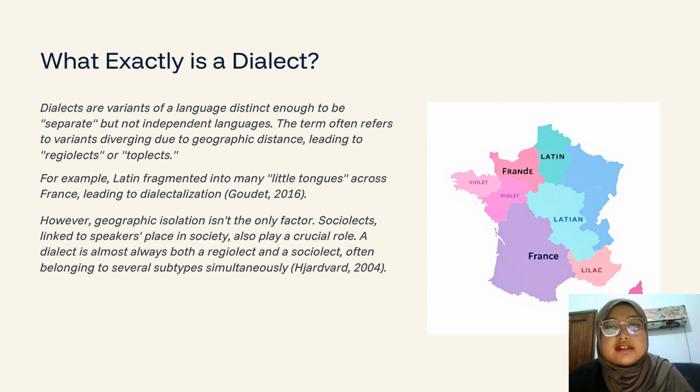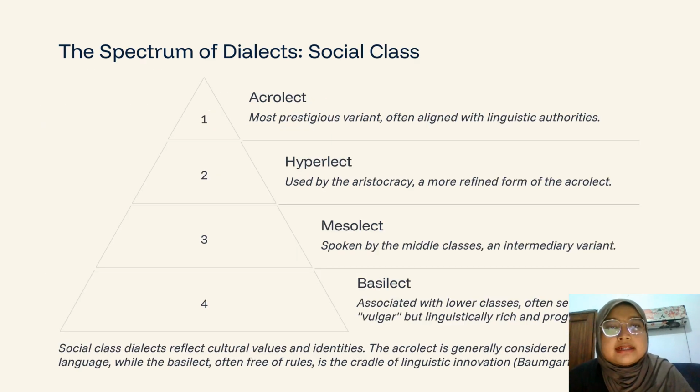Then, introduce sociolects, which are linked to a speaker's social position or group within society. Highlight that while geographic factors are significant, social factors are equally crucial. Conclude by stressing that a dialect typically embodies characteristics of both the regiolect and the sociolect simultaneously, often encompassing multiple subtypes.